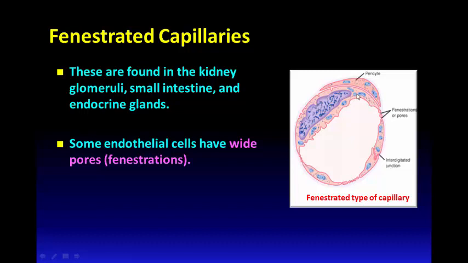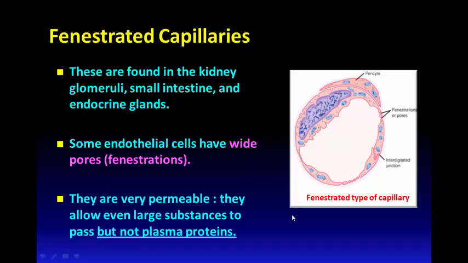This is an endothelial cell, and this is another endothelial cell where we have wide pores, which are also known as fenestrations. So some of the endothelial cells in the fenestrated capillaries have wide pores or fenestrations.